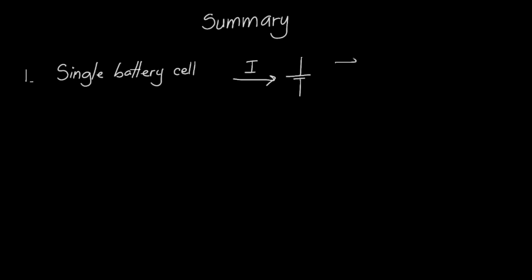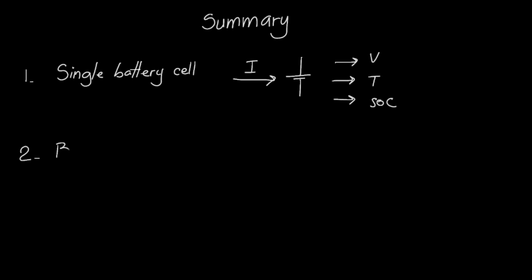To wrap up, let's go over the concepts we covered today. First, we created a single battery cell model that we discharged at a constant current and observed its voltage and temperature response.